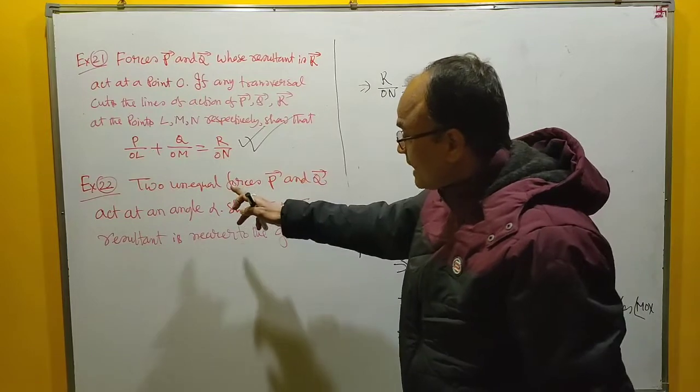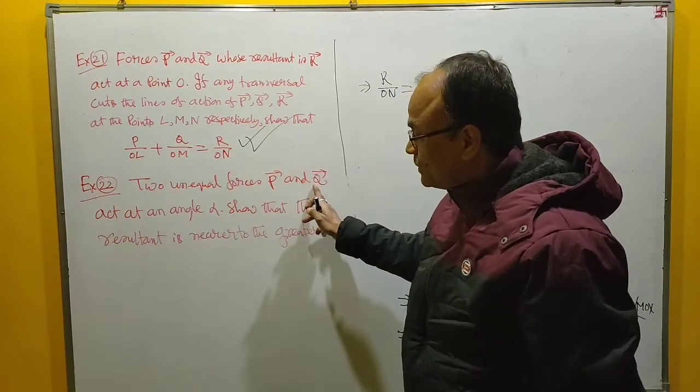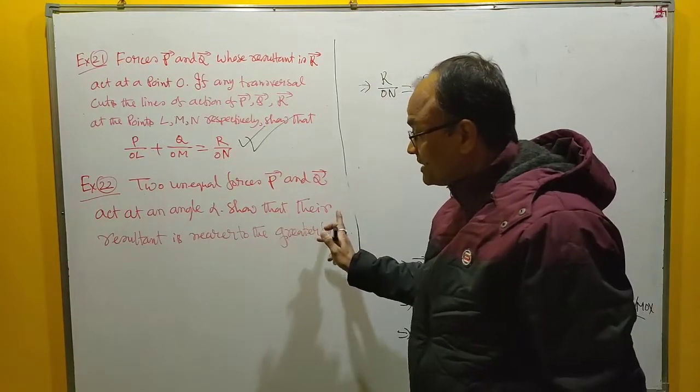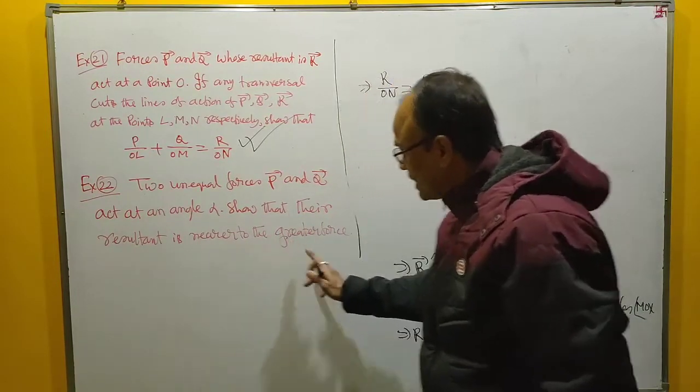Two unequal forces P and Q act at an angle alpha, so that their resultant is nearer to the greater force.